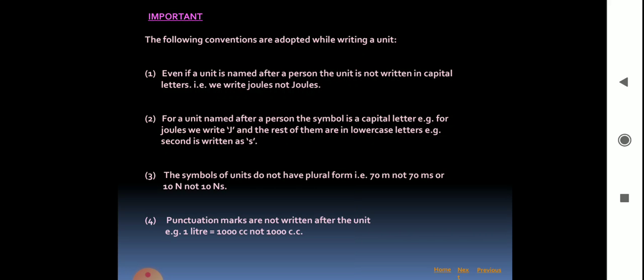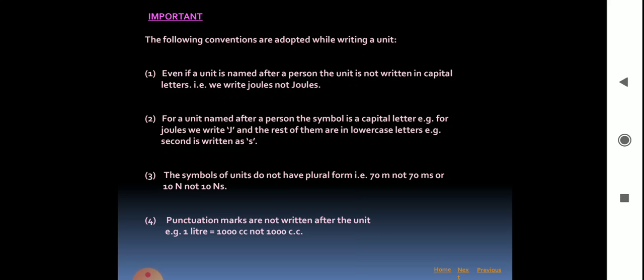We know that joule is a unit for work, isn't it? So while writing the unit, you have to write a small letter j, not a capital letter. So if the unit is named after a person, the starting letter must be written in small letters, not capital.